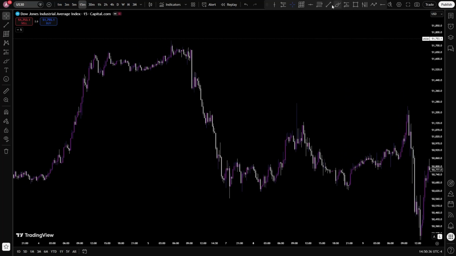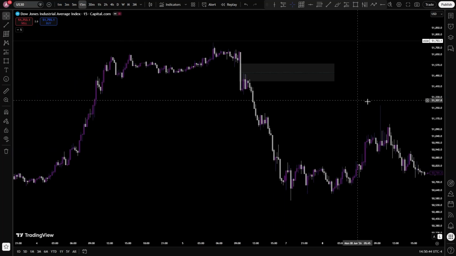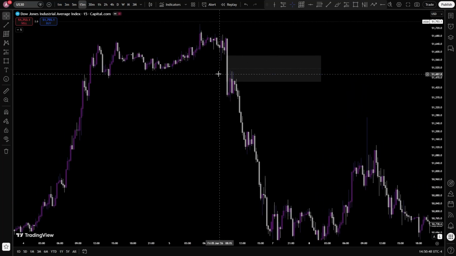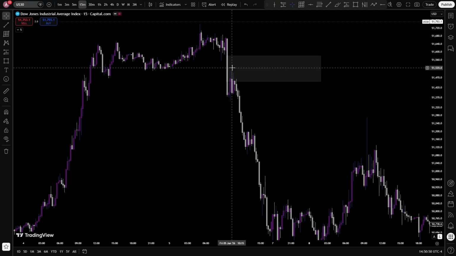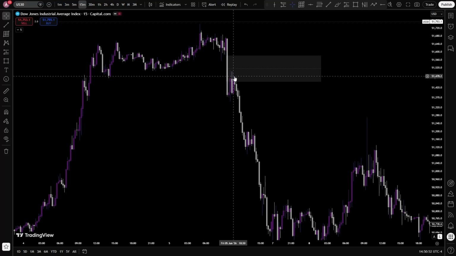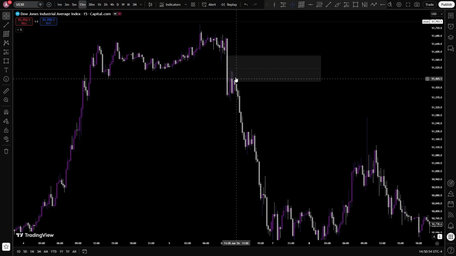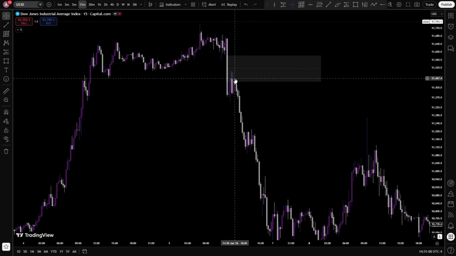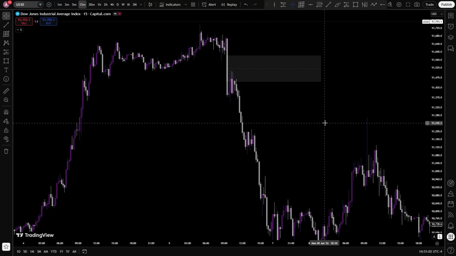On the left side we'll see, according to ICT, EOFED is the part on the market where the price enters the imbalance, leaves the body or wicks below 50% or just touched it, and continues to go bearish. So according to ICT this is EOFED, but for me it can be any zone on the left side.